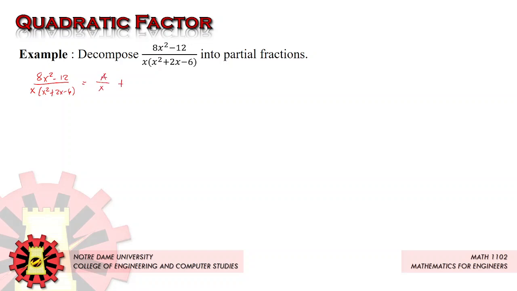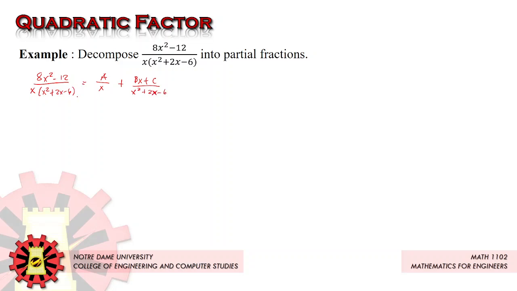But this time, since this is a quadratic factor, not just a linear factor, instead of using one variable B, we will rather use Bx plus C over the entire expression x squared plus 2x minus 6.